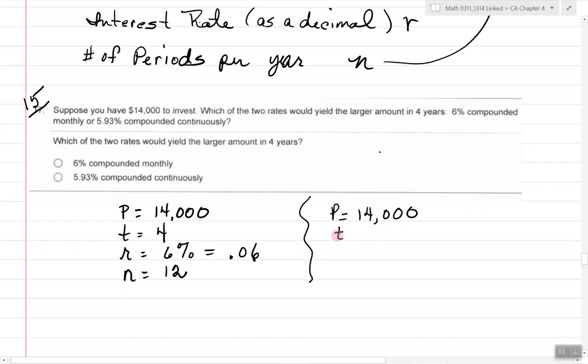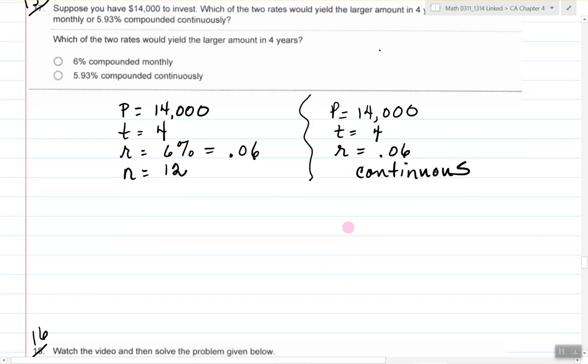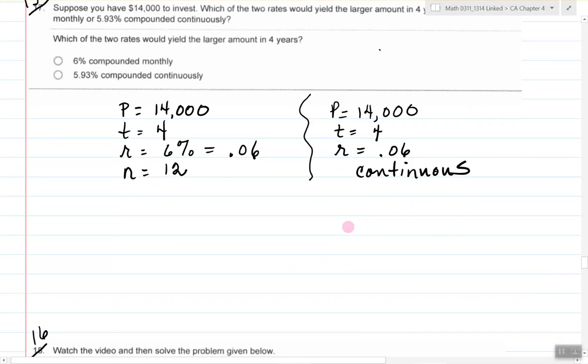We still have time of 4 years. We still have an interest rate of 0.06, but it is continuous. So we have our two different formulas. Both of them, it just wants to know which one gives us a bigger amount. So let's find the amounts.